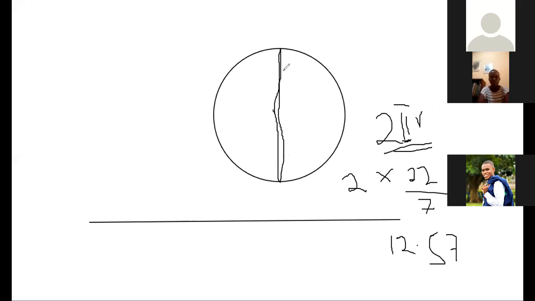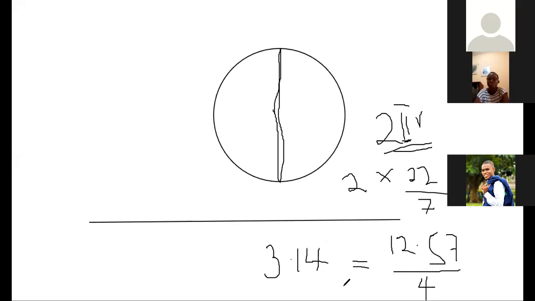And that is a diameter of a circle. Therefore, we divide this 12.57 by 4. Is that okay? We'll be getting a certain figure. That will give us 3.14.